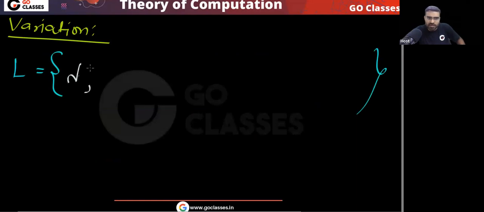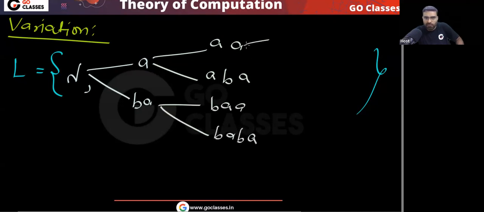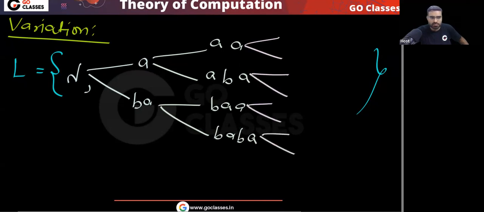Then from this empty string, it creates two strings, A, BA. Then it creates two more strings from each, A, BA, BAA, BABA. Like this, agree? So this is the point.